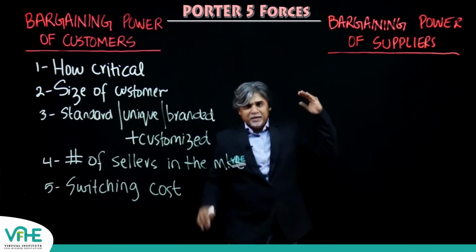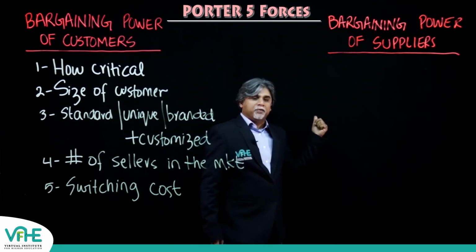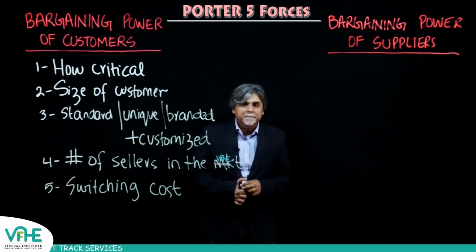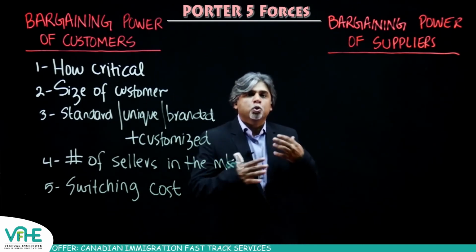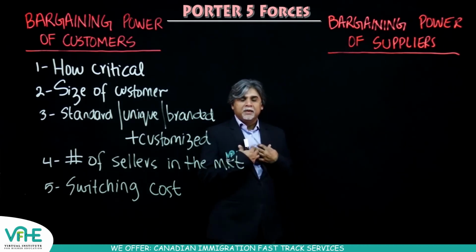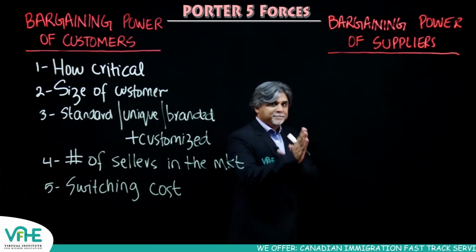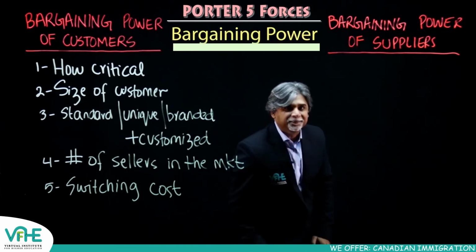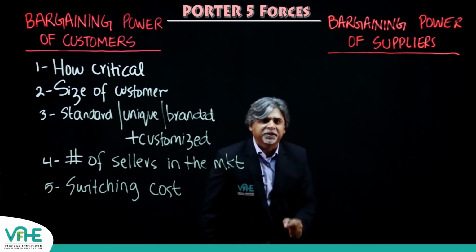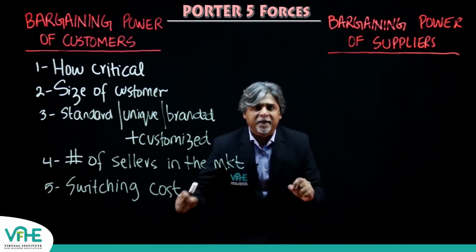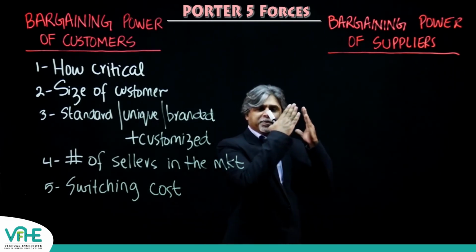So what do I want from my suppliers? High quality at low price. And what does my supplier of raw material expect from me? Low quality, high price. Who will win, me or my supplier? It all depends on the bargaining power. And can you now guess what are the factors which will affect the bargaining power between me and my suppliers?